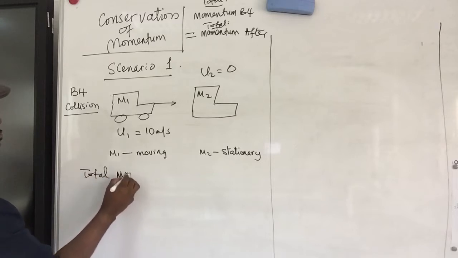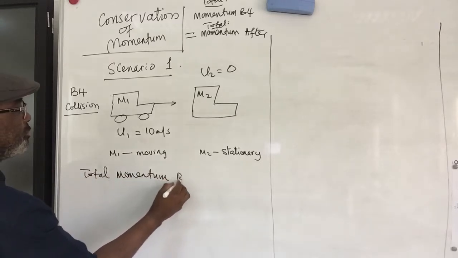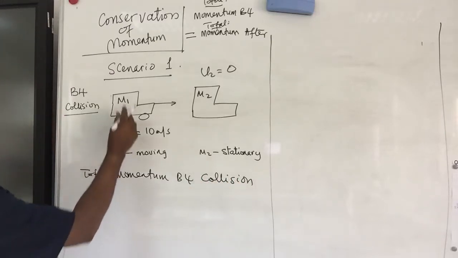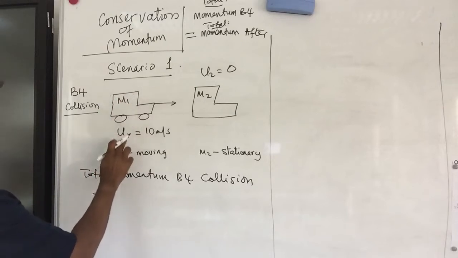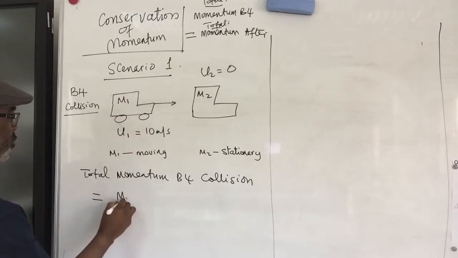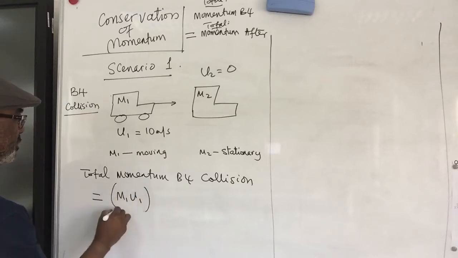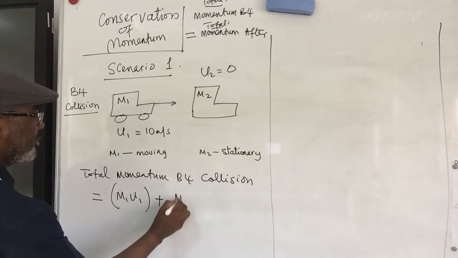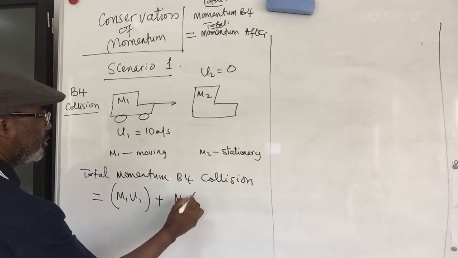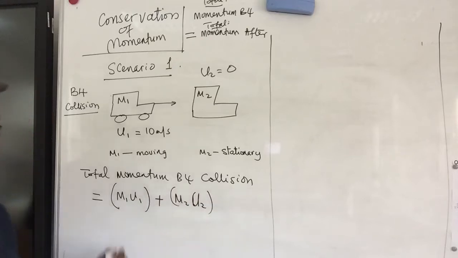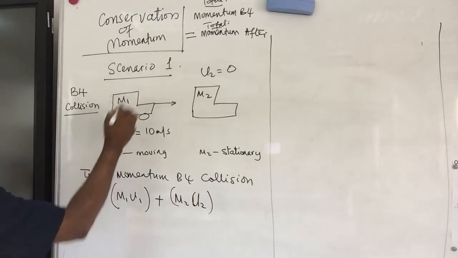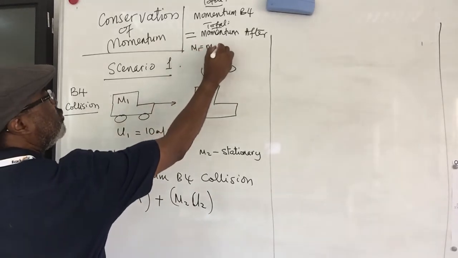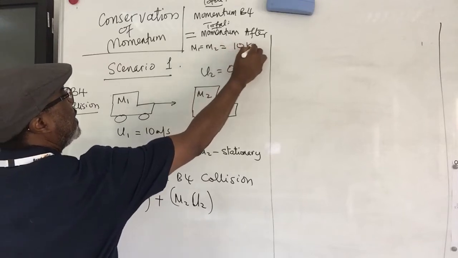Total momentum before collision should be equal to the product of mass times velocity, m1 u1, plus the product of mass 2 times velocity 2, m2 u2. If you put the figures in, we assume that the masses m1 equals m2 equals 10 kg.